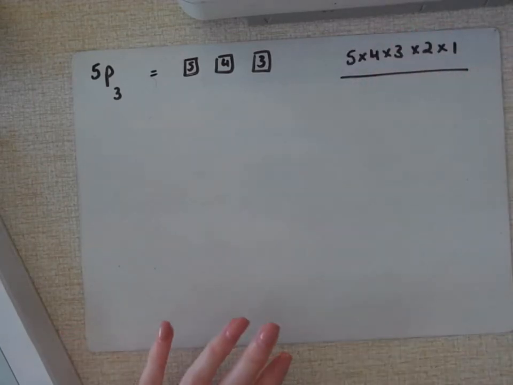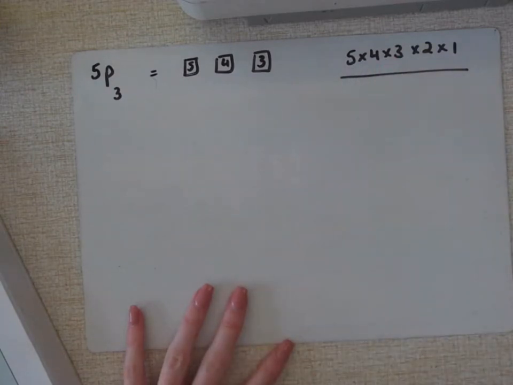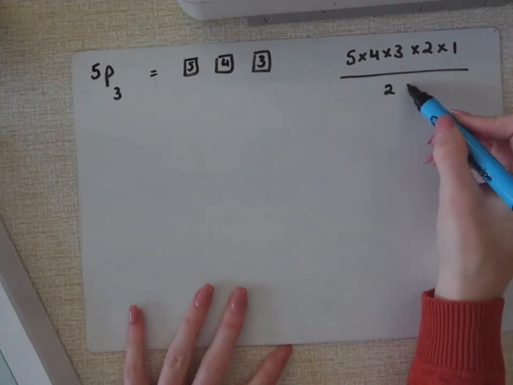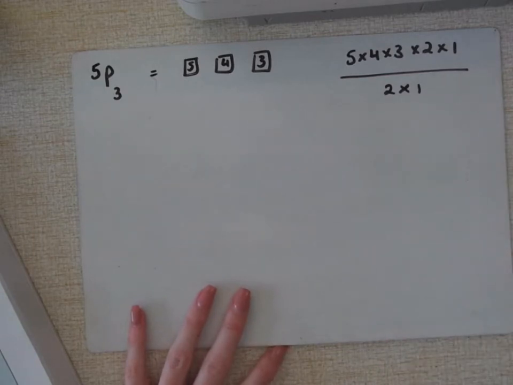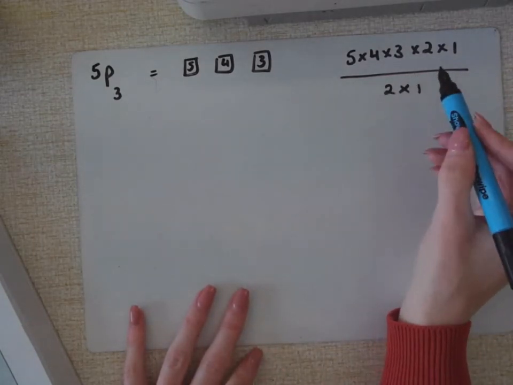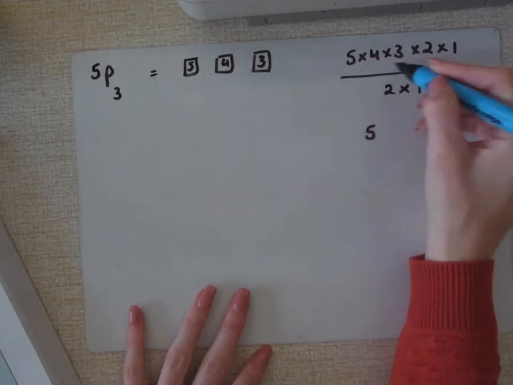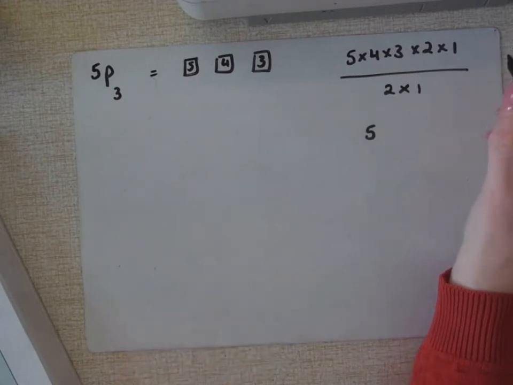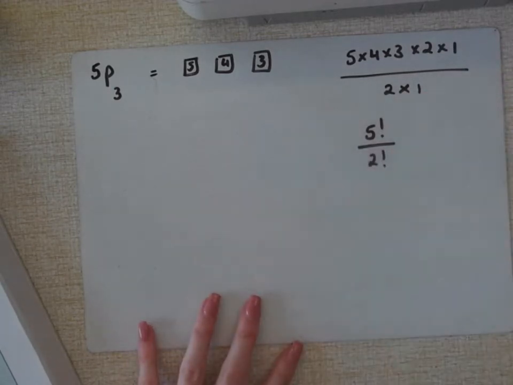What would I have to divide it by so that I'm just left with 5 by 4 by 3? 2 and 1. Because then they'd cancel, wouldn't they? So 5 by 4 by 3 by 2 by 1 is actually 5. What's it called when you start at 5 and go down to 1? 5 what? Exclamation mark. 5 factorial over 2 factorial.